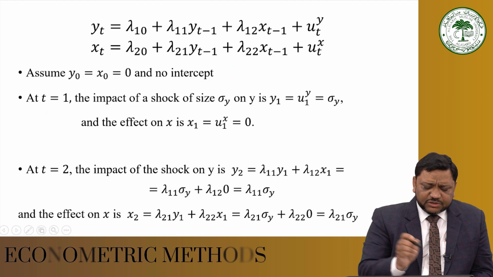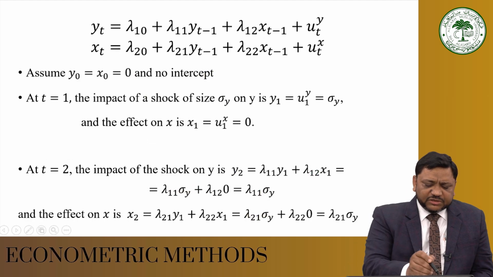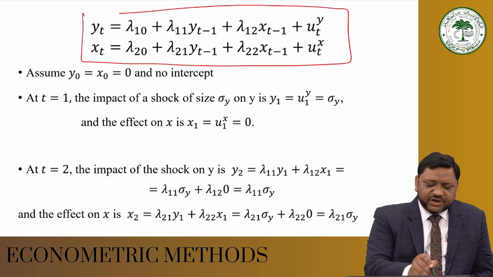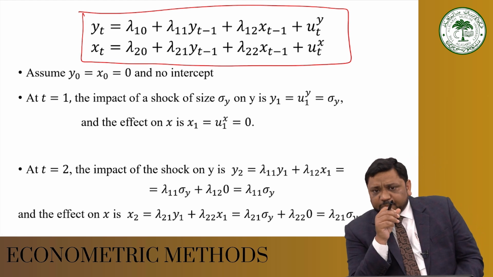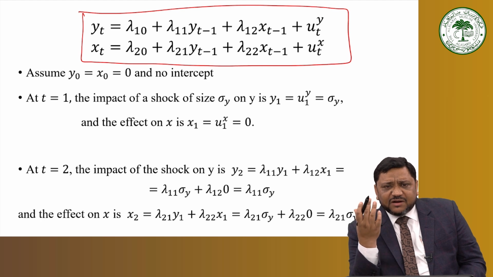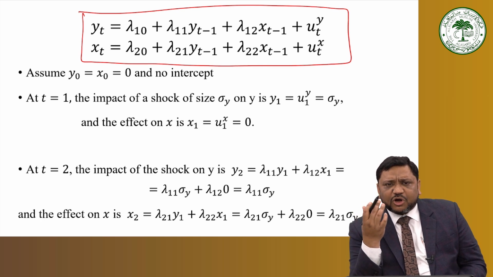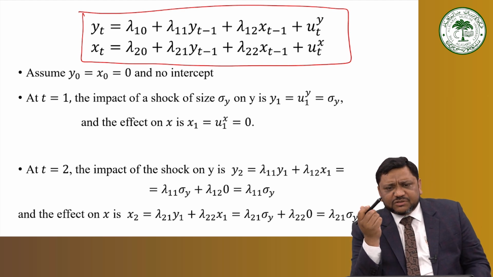This is just for your reference, we have written the VAR model over there. Now, it is traditional to say that there is a one standard deviation shock. We do not say a one unit shock, but rather a one standard deviation shock.